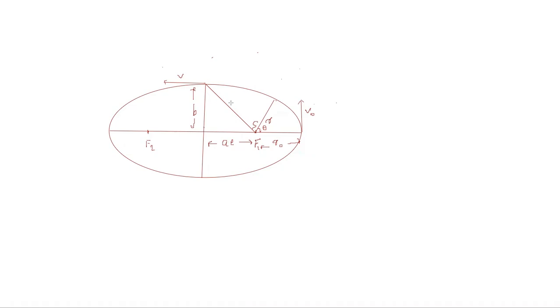So this one, we'll let it be denoted by R dash, where R dash by Pythagoras theorem will be under root of b square plus a square e square. So that's the diagram.